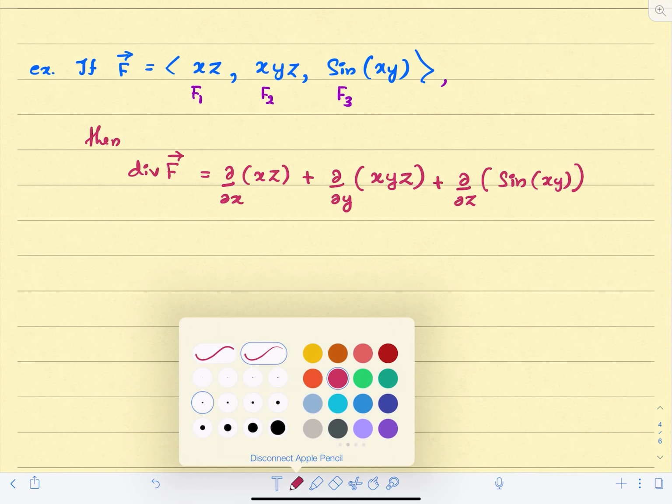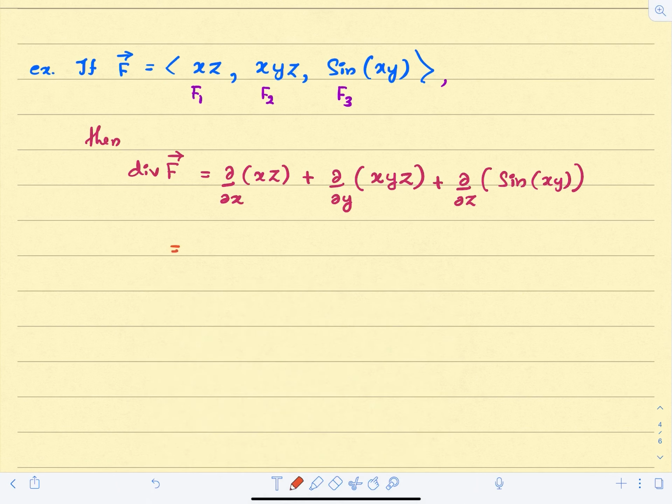Now let's differentiate the first one with respect to the x variable. So now we can treat the z variable as a constant.